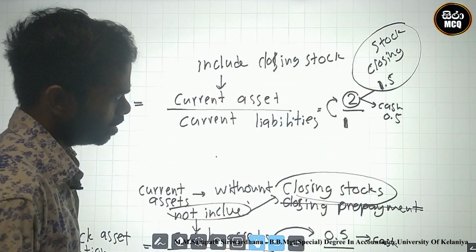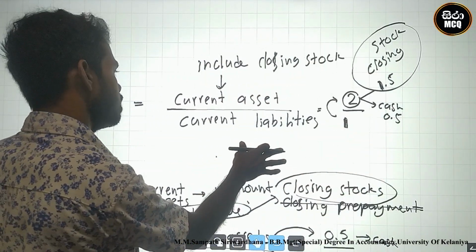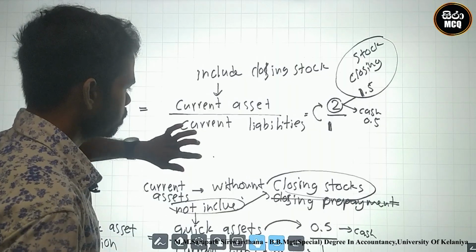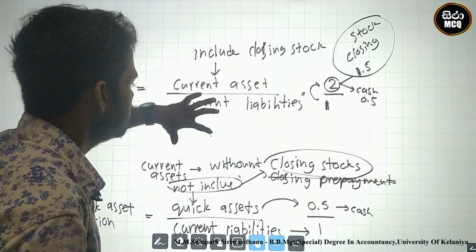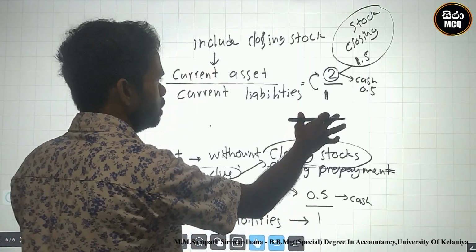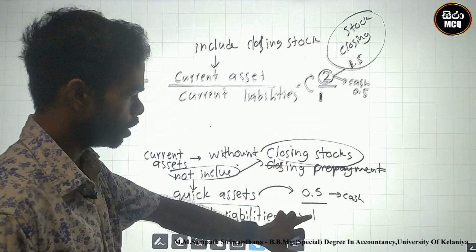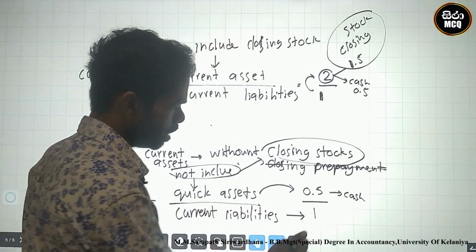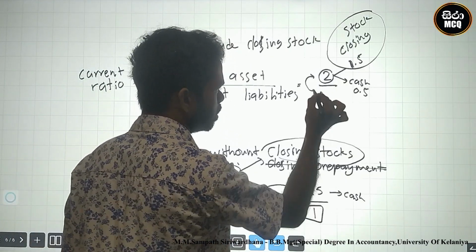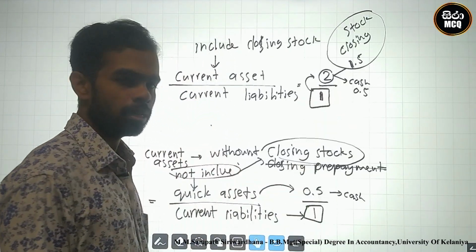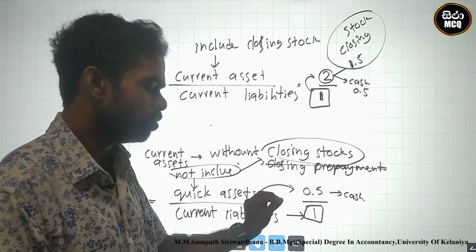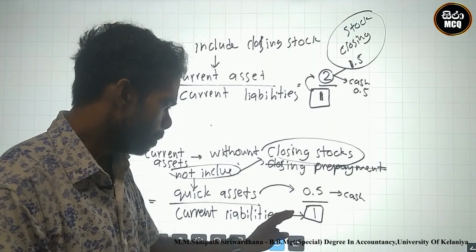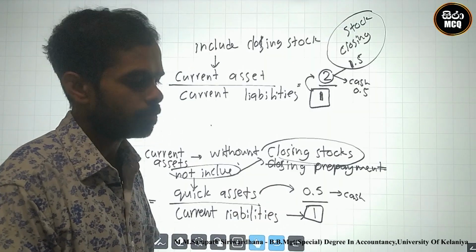Therefore, look here, there is a difference. We can imagine that we have to pay current liabilities of 1 rupee. There the cash amount is 0.5, which is not enough for payment of the current liability.